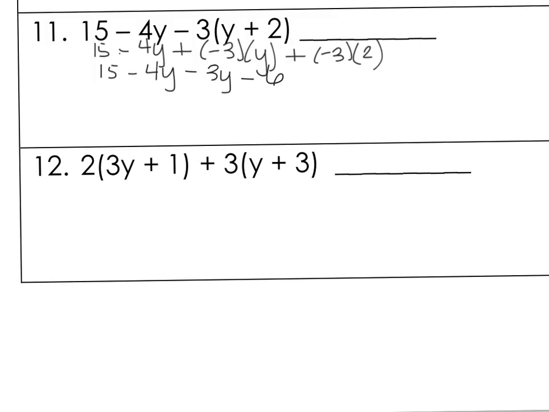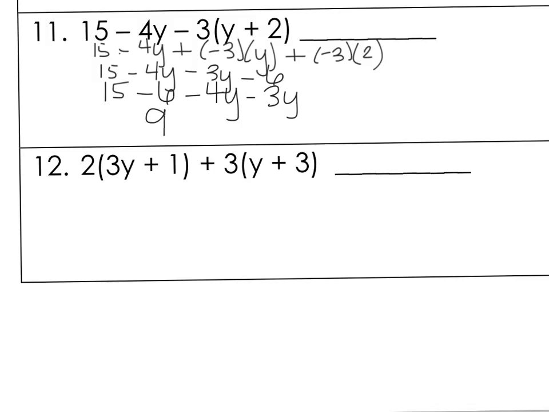Let's rewrite it so we put our like terms together. So, our like terms. I have 15. Do not forget, that is not just a 6. That is negative 6. Minus 4y minus 3y. Well, the first part is nice and easy. 15 minus 6 is 9.